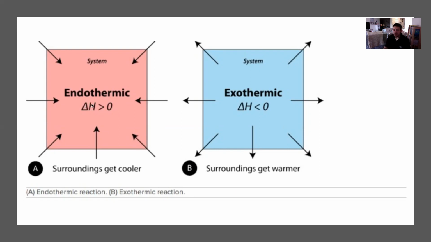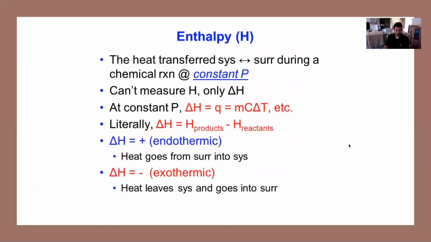Now, here we have delta H greater than 0, delta H less than 0. We saw on those diagrams that the difference in potential energy was always negative when it was exothermic and positive when it was endothermic. So what is this delta H? All right, delta H is enthalpy.